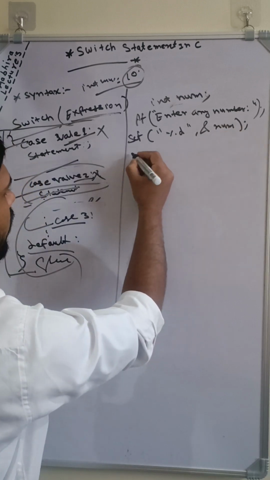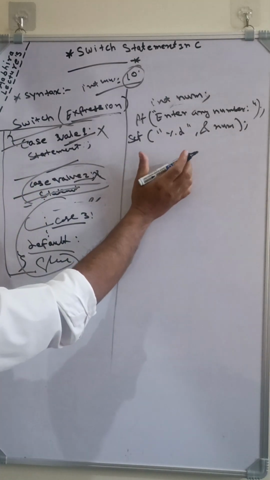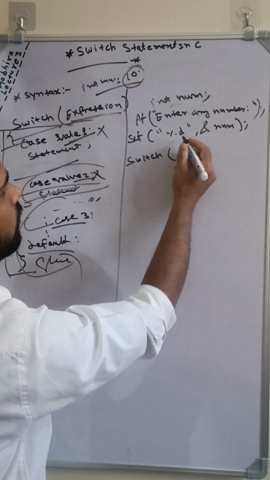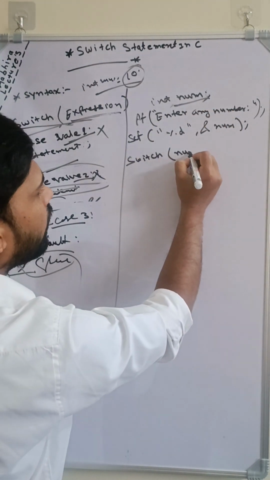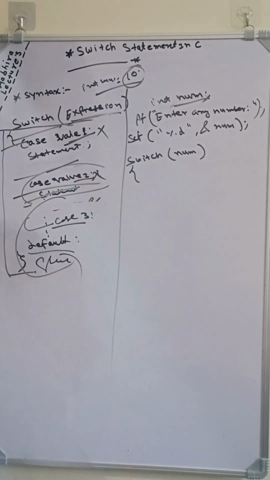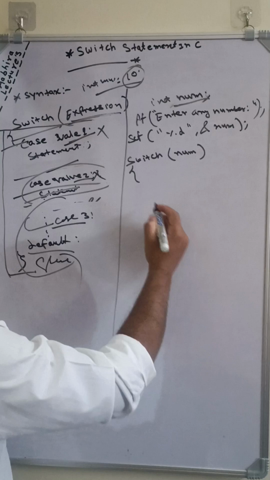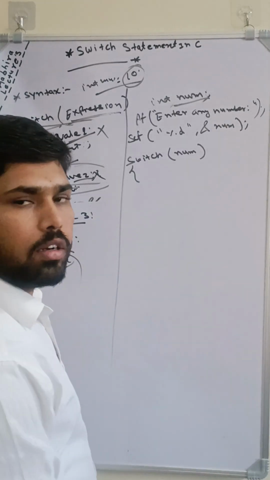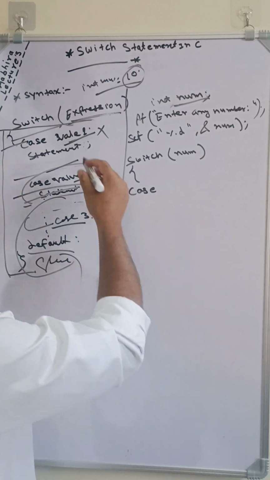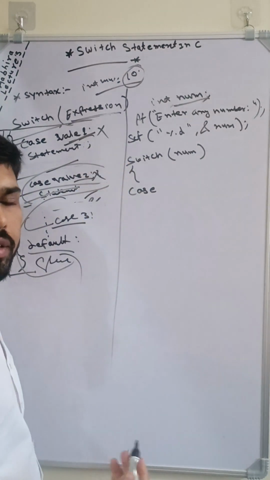Then here we write the switch case. The switch expression is equal to num. Any number can be given. Then open the bracket, and from here you can write cases. In case 1, it's not that it must be case 1 or case 2; you can give any integer value.